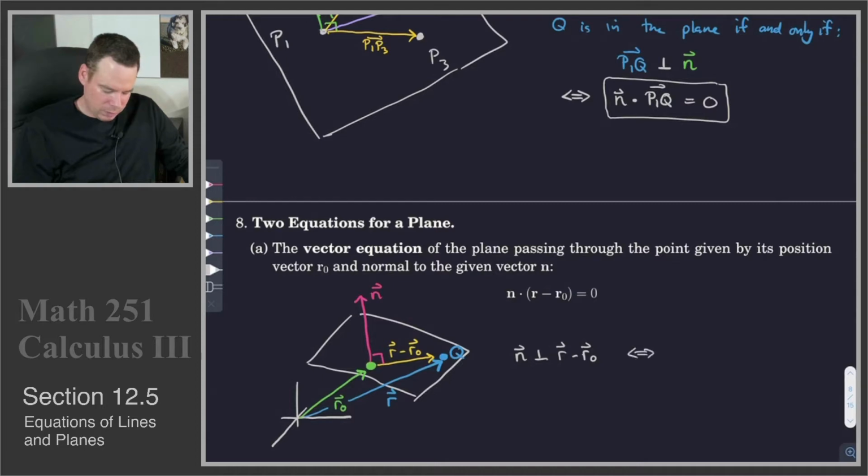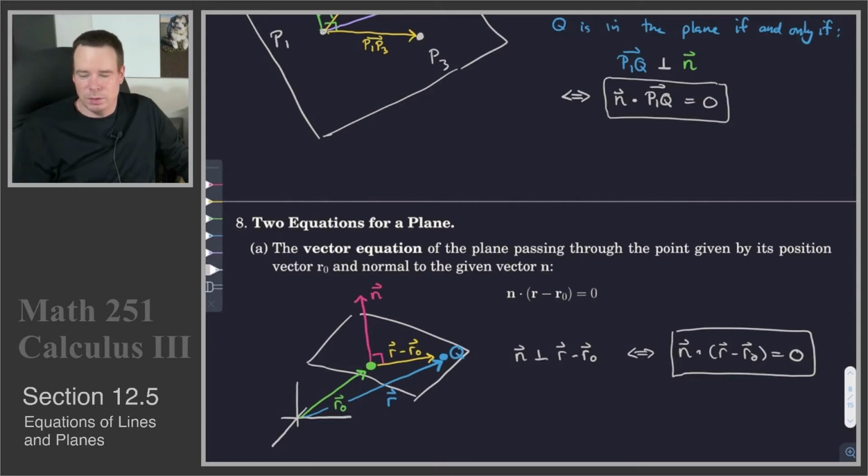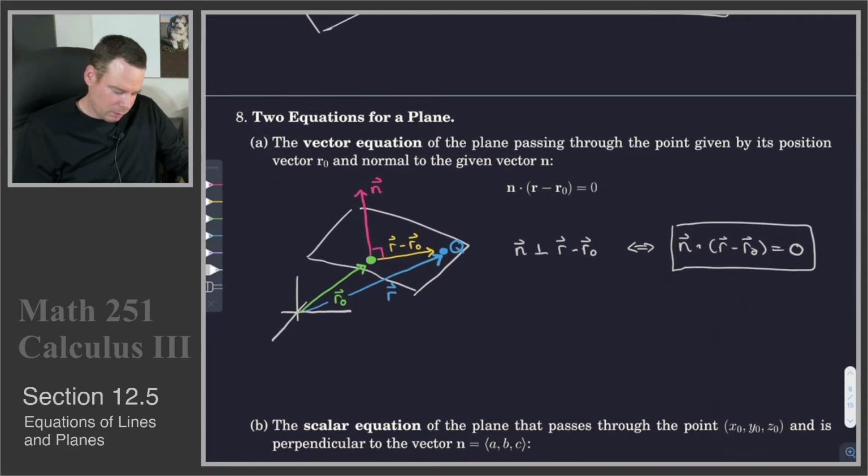But this is true precisely when n dot r minus r0 is equal to 0. And so that is really just our equation we had up above, where instead of using points P1 and Q, we've used position vectors r0 and r. So let's unpack this a little bit more.